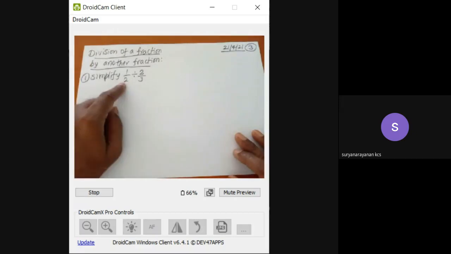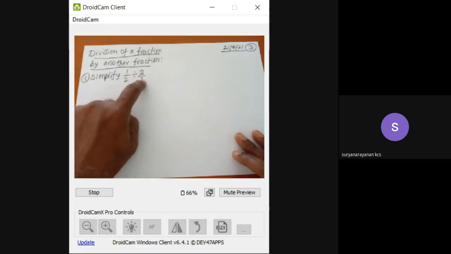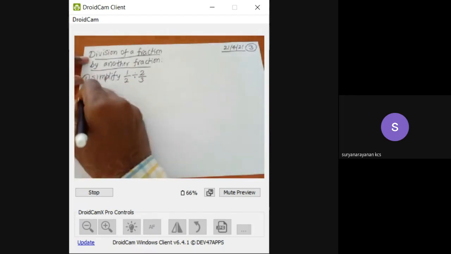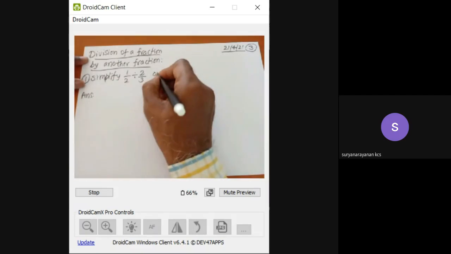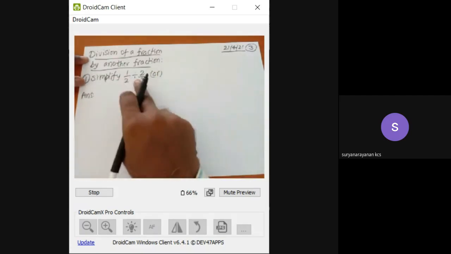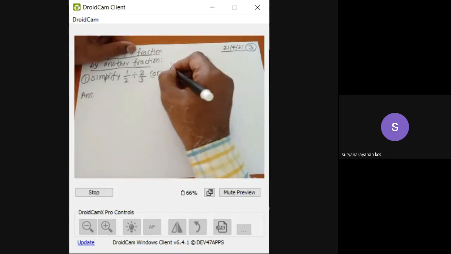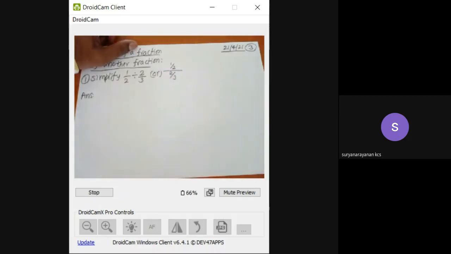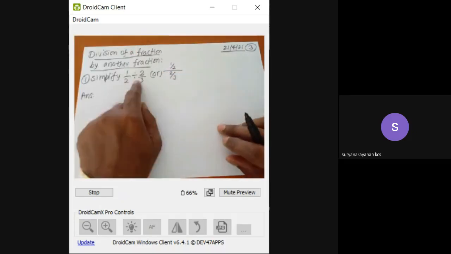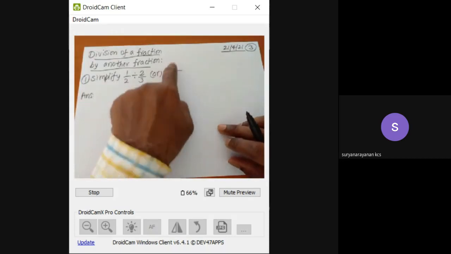We are dividing the first fraction 1 by 2 by the second fraction 2 by 3. Sometimes we can write this sentence as 1 by 2 as numerator and 2 by 3 in the denominator. We can write this same sentence like this also.